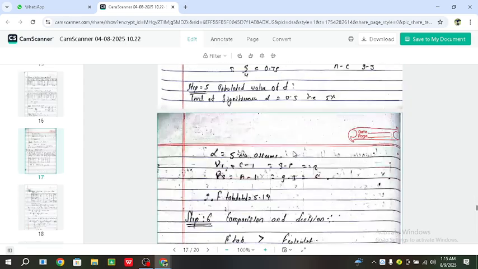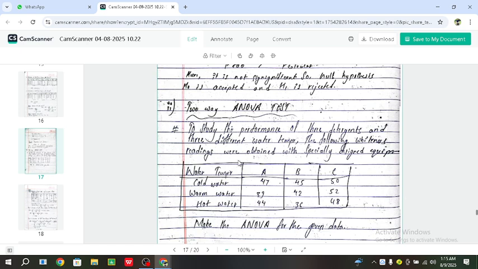But in the two-way ANOVA case, here is the temperature of water for A, B, C. Cold water for A, cold water for B, cold water for C, if it is given like this, that is one-way. But here we have cold water for A, B, C, warm water for A, B, C, and hot water for A, B, C. Three items are given.